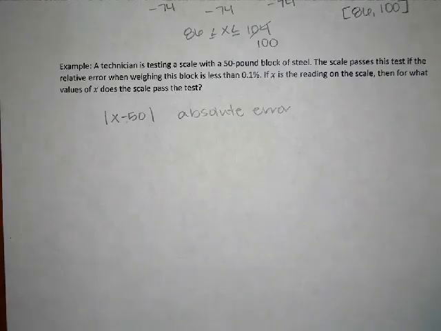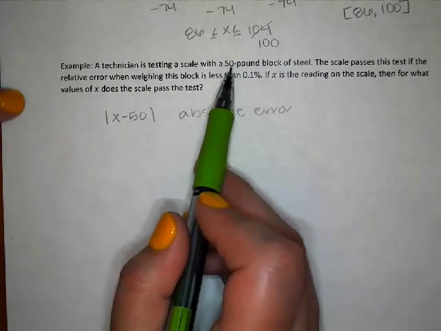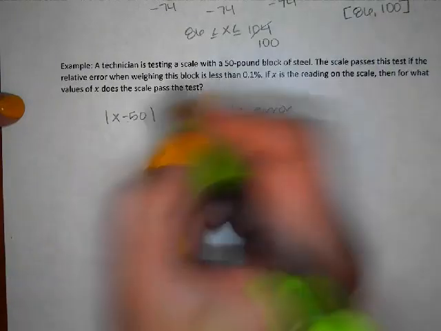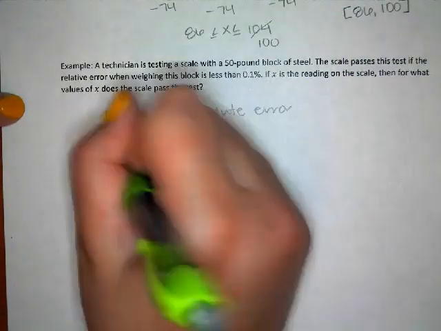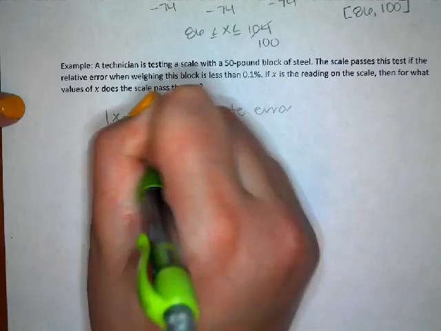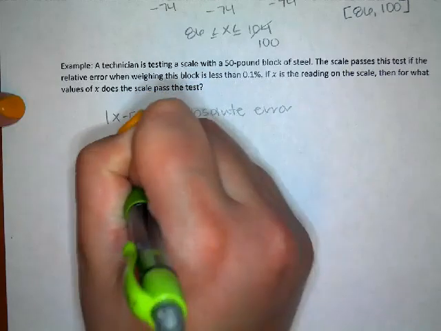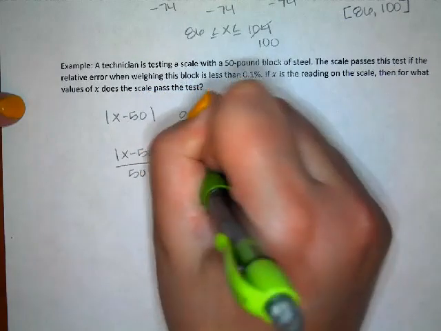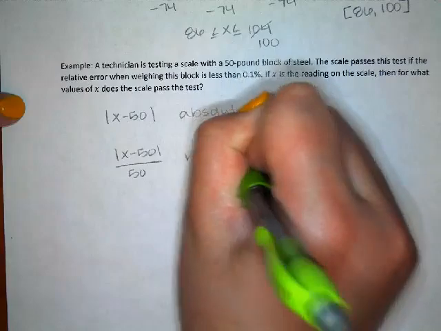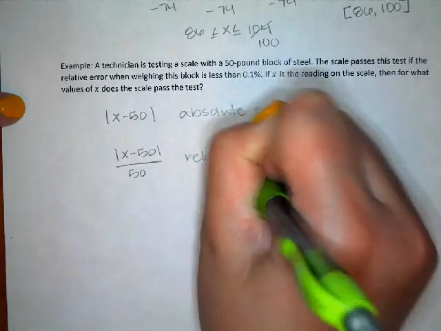The relative error says what percentage of that weight is above the 50 pounds or below. What percentage error does it have in relation to the 50 pounds? So if we do x minus 50, how far off is it, divided by 50, then we're doing the relative error and we're saying what percentage is it out of 50.